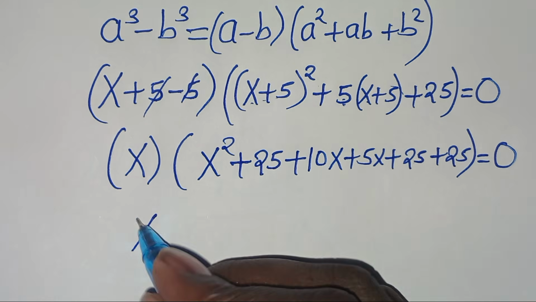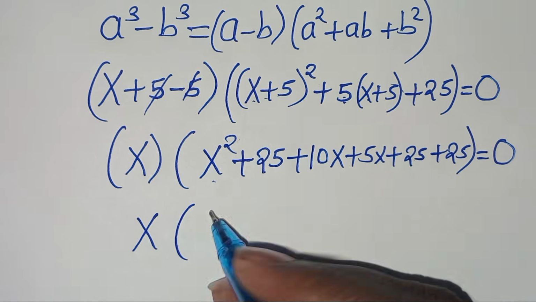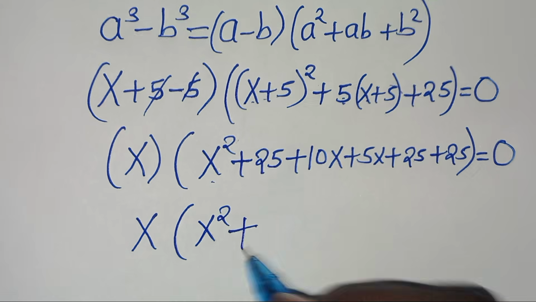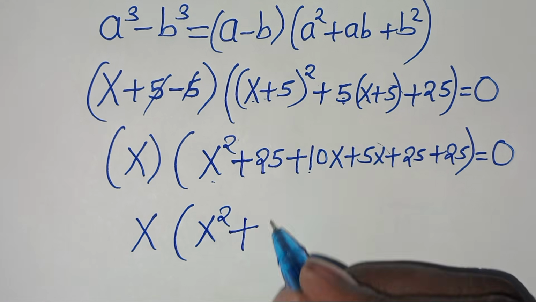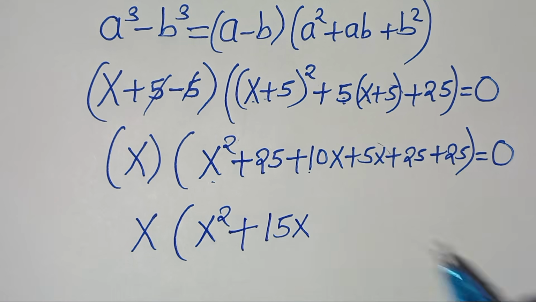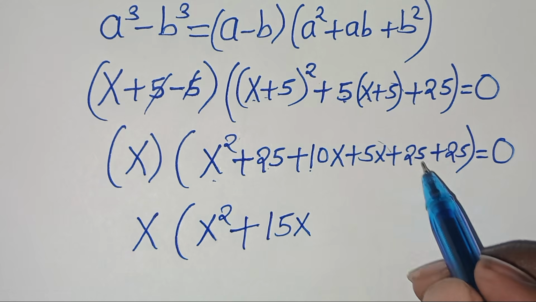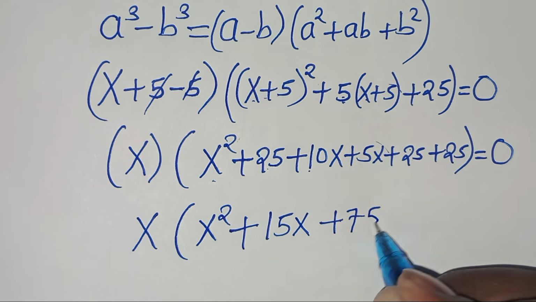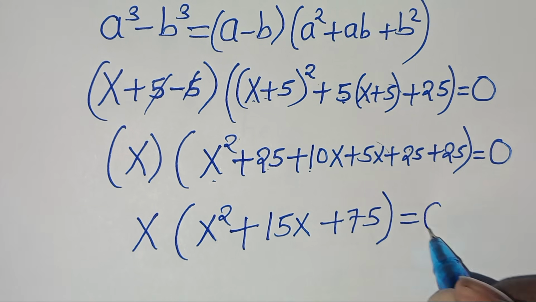So we have x multiplied by x squared, then we have plus 10x plus 5x, this is 15x, then we have 25 plus 25, this is 50, plus 25, this is plus 75, and this is equal to 0.